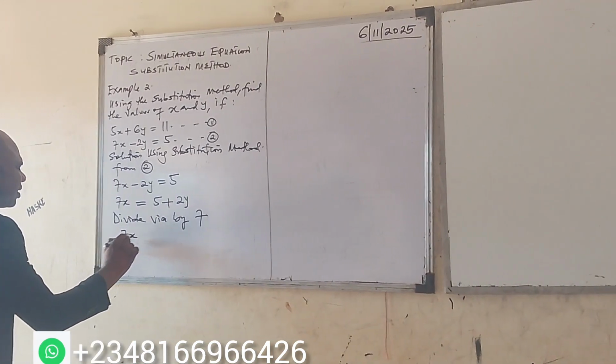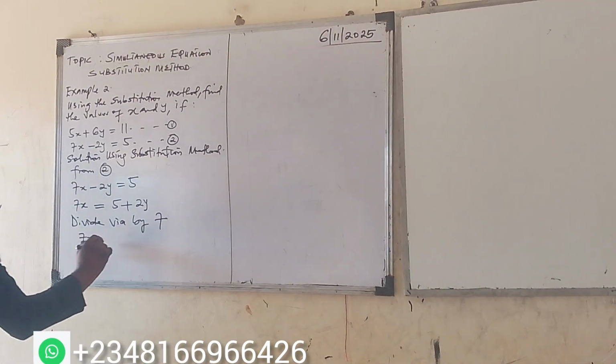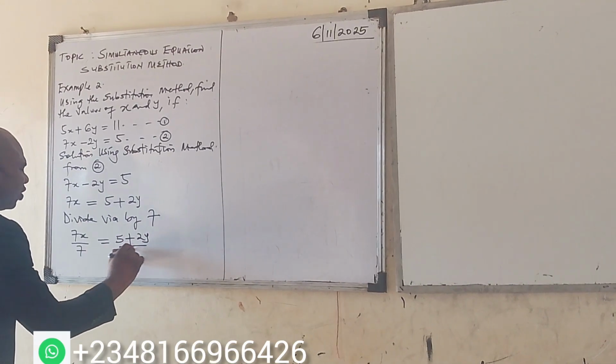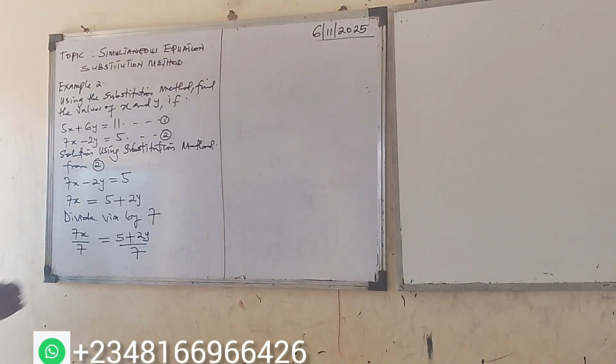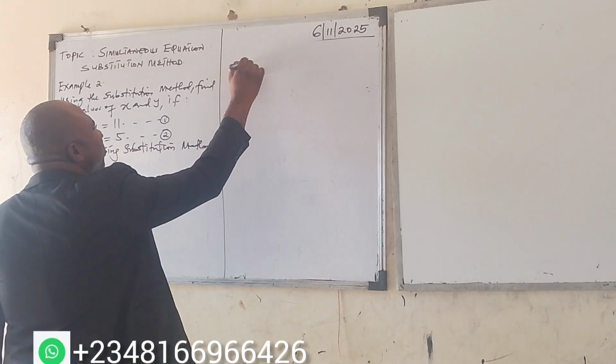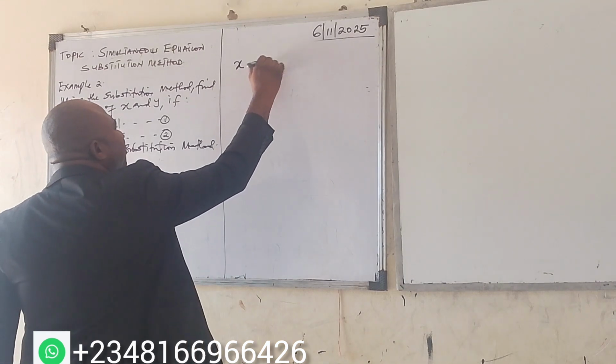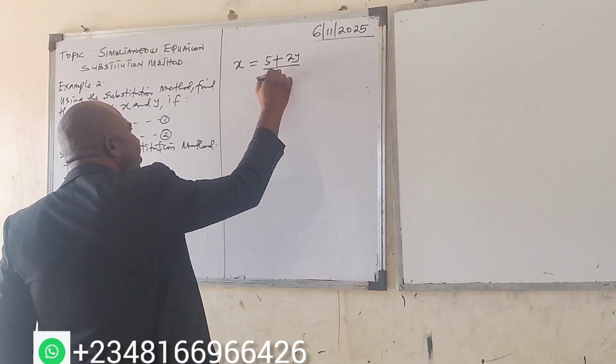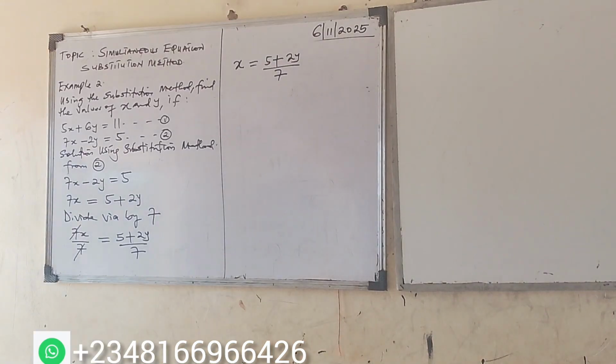We have 7x all over 7 is equal to 5 plus 2y all over 7. Now this 7 will go with this 7, and I'll be left with x. So here we have x will be equal to 5 plus 2y all over 7.